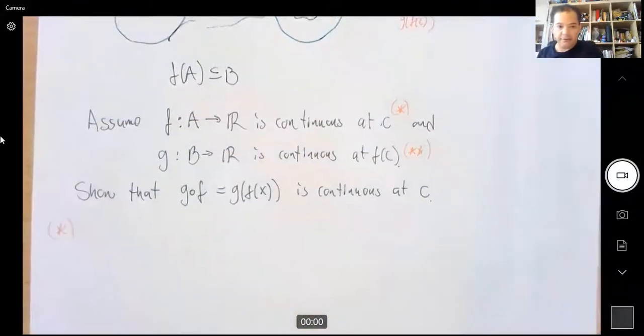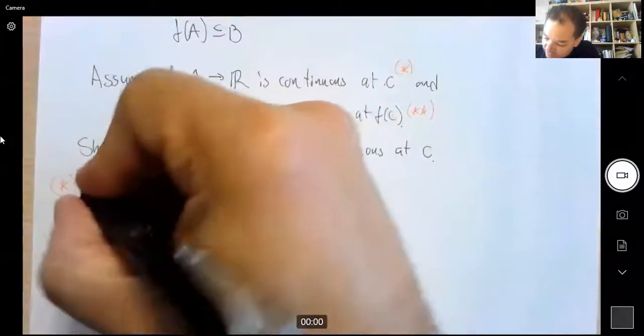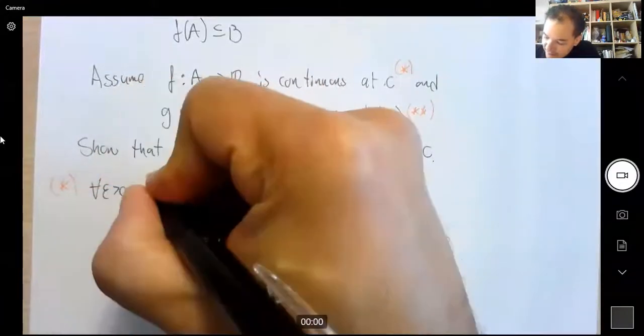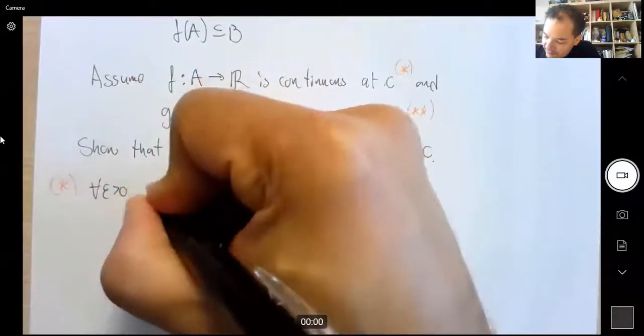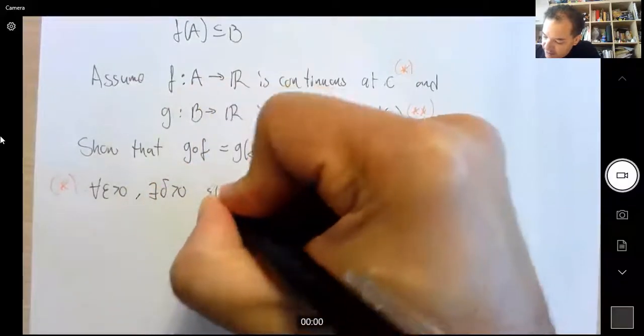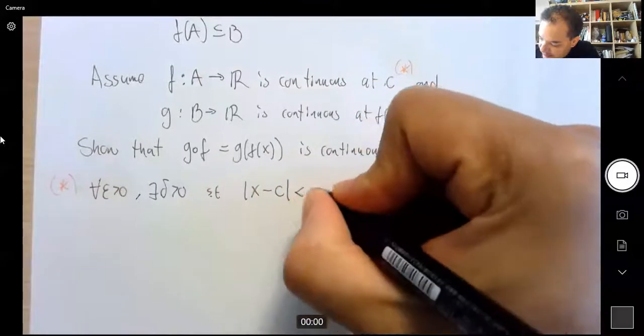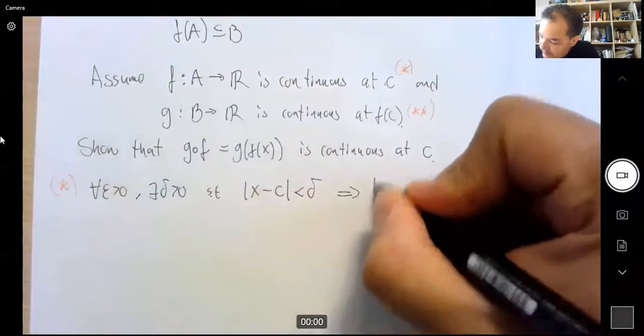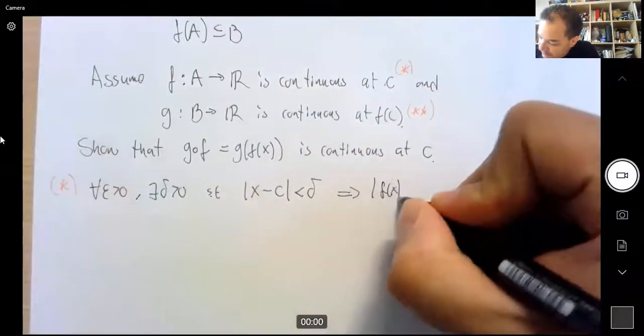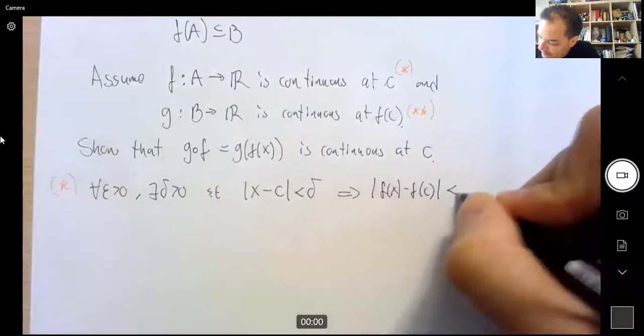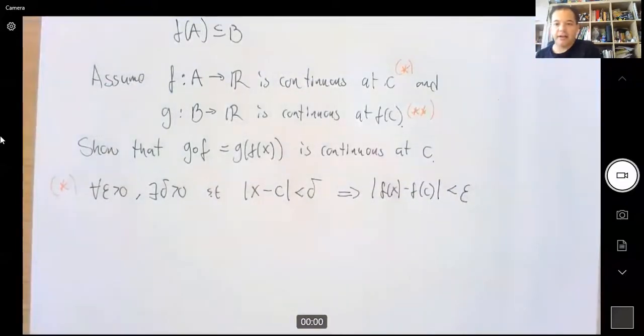It means that for every epsilon, there is a delta such that if x minus c is less than delta, then f of x minus f of c is less than epsilon, right? I just wrote the epsilon delta definition of continuity at c.